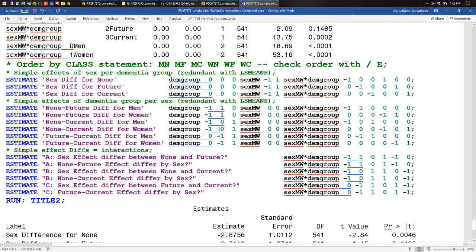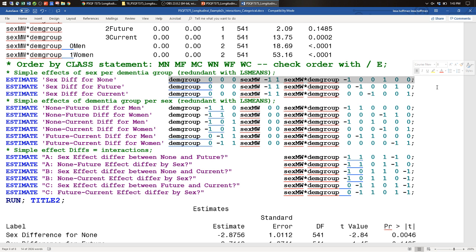This right here: six numbers after the interaction term. There's 6 cell means. To know the order, it's based on whichever variable is listed on the class statement first.